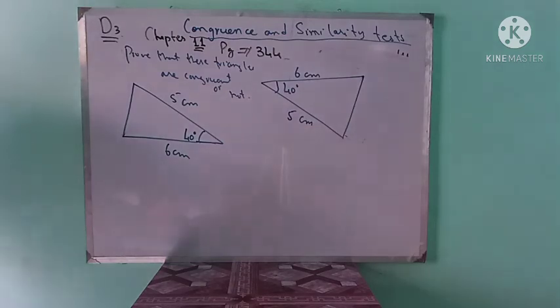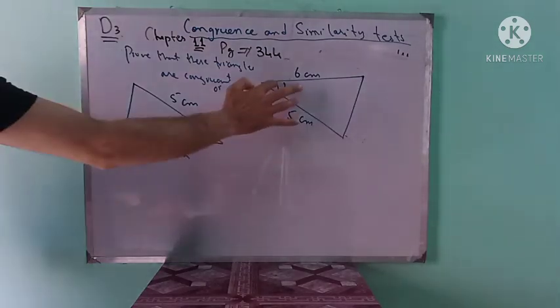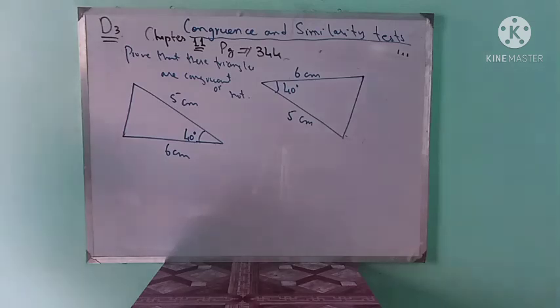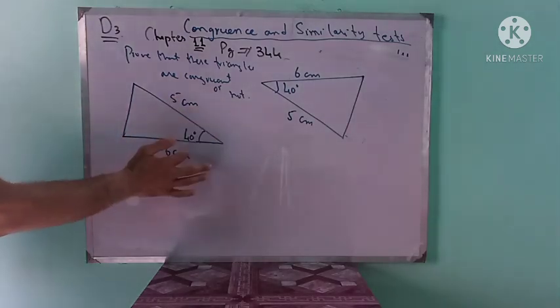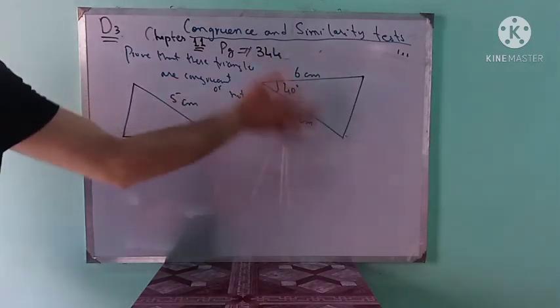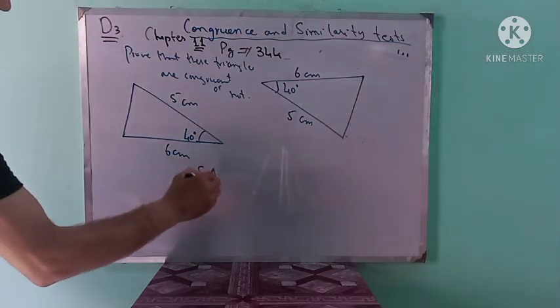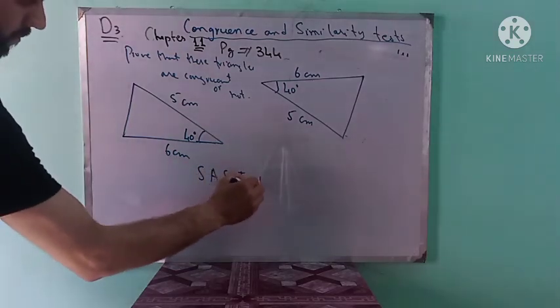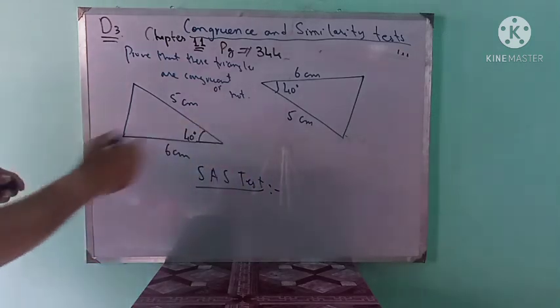The two corresponding sides are the same, and the angle 40 here and 40 here is the included angle. What does it mean? That the 40 angle is between the two sides, and here the 40 angle is between the two corresponding equal sides. So these triangles are congruent by the SAS test, right? These two triangles are congruent triangles.